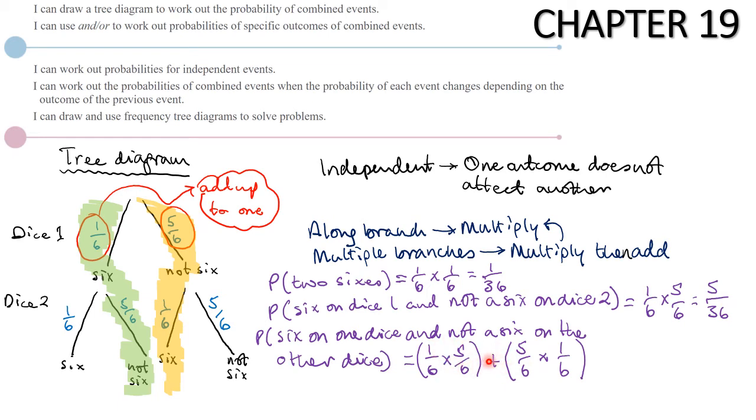You add the results of those multiple branches together. So that's going to be 5 over 36 from the first branch, plus 5 over 36 from the second branch, leaving me with 10 over 36. Now we could simplify it if we want to, you don't have to. If I did simplify it, I would get 5 over 18.